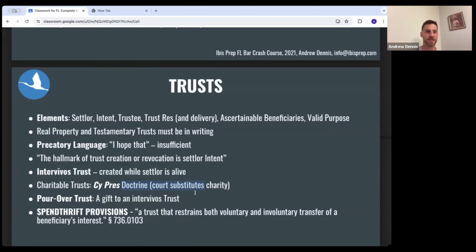Well, under the cy pres doctrine, we could still use the trust corpus or the trust res or the trust property to pay out a similar charity that would have matched the settlor intent. Remember, the hallmark of trust creation, revocation, modification, disbursement, or in general is settlor intent.